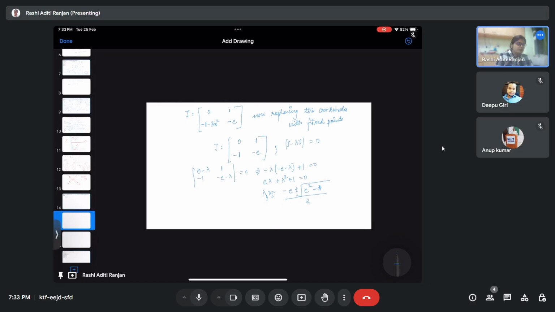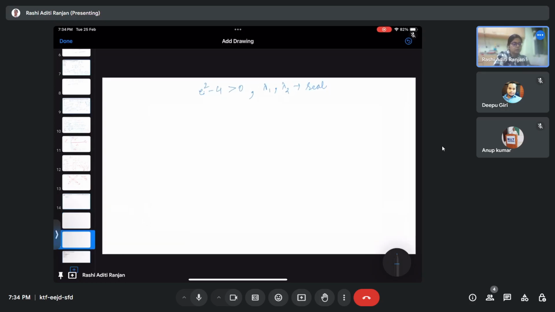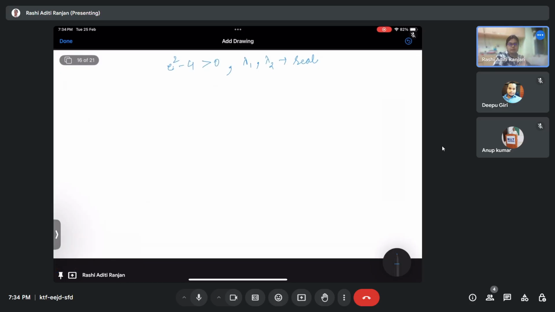It could be positive, it could be negative. It would depend upon the value of e. So if my e is positive, what could be the probable values of lambda 1 and lambda 2? Both could be positive, both could be negative, one could be positive, one could be negative, right? So in that way, I could have a stable or unstable solution, right?